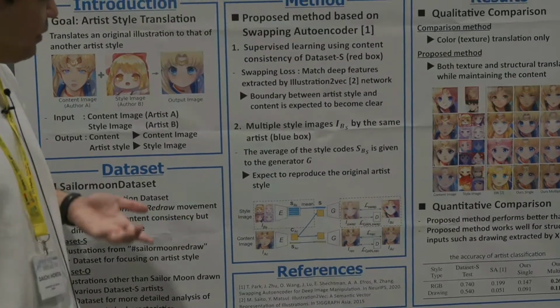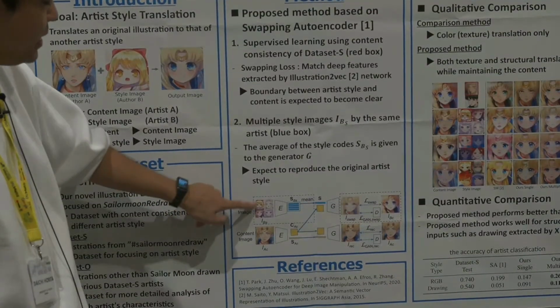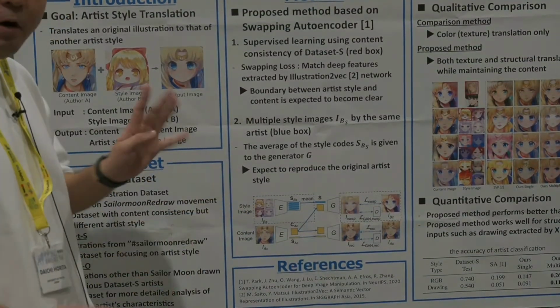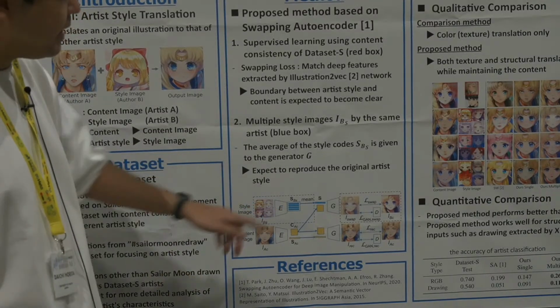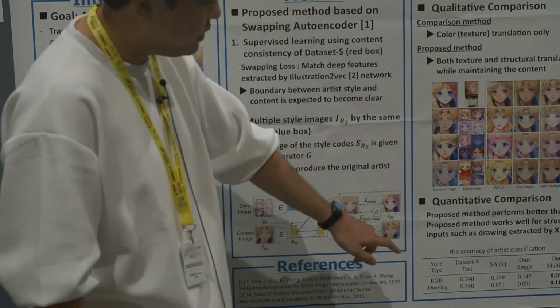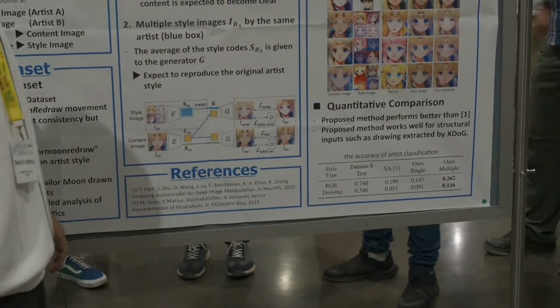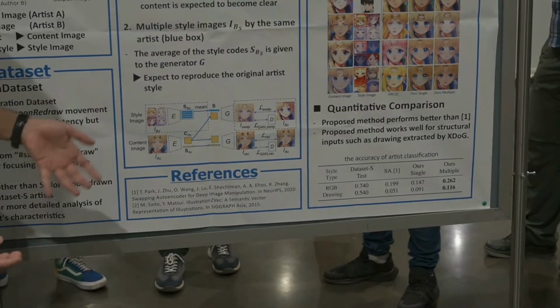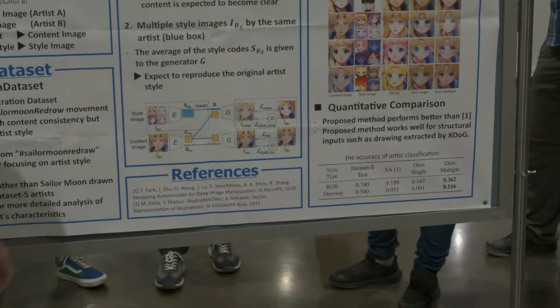We found that if we give more style images, such as 4 or 5, the average of the features can improve the accuracy and quality. So we propose to use several style images.